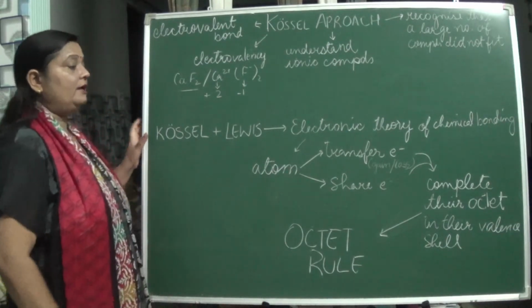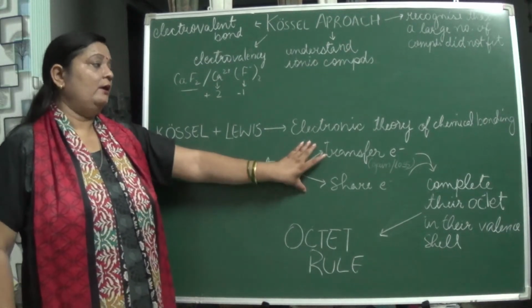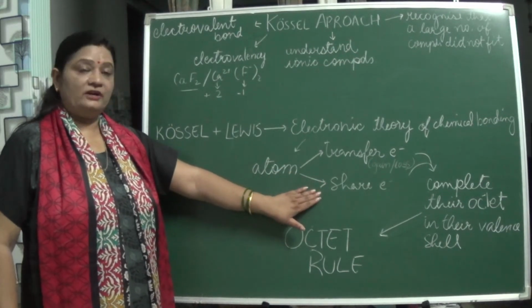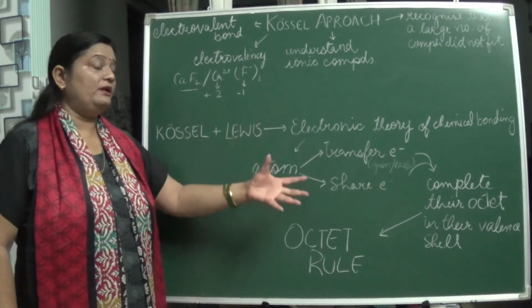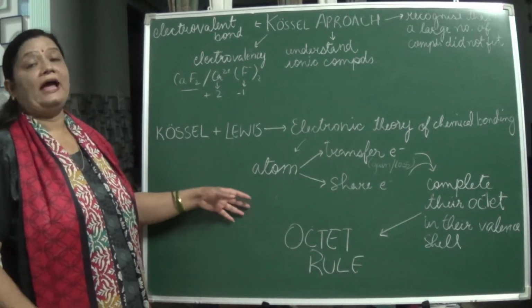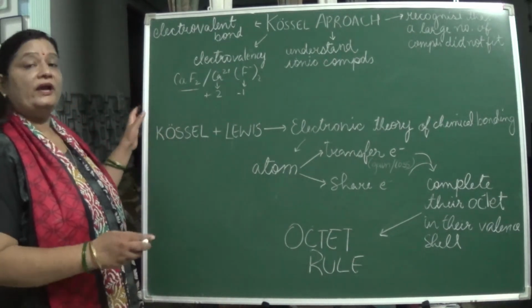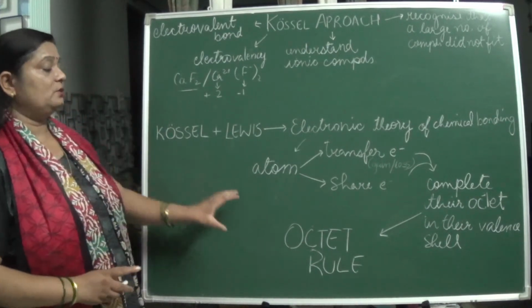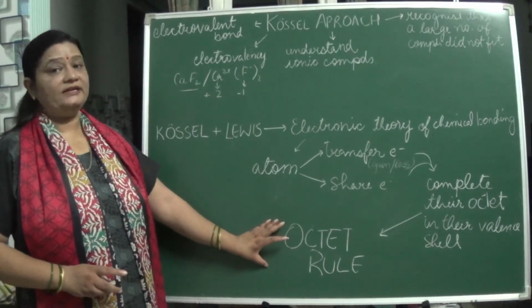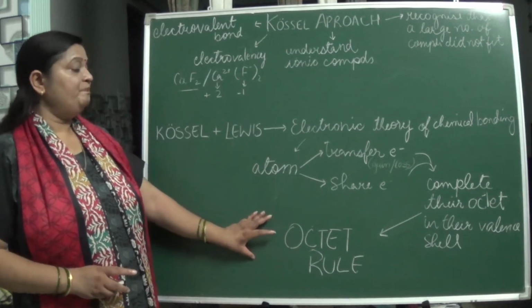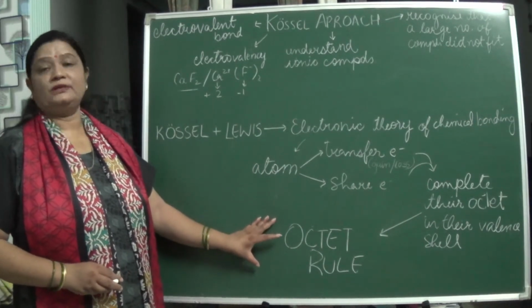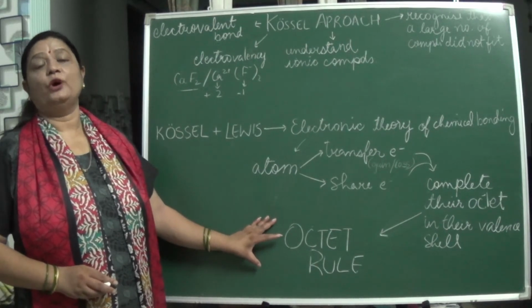With these two, transfer and sharing of electrons, they can complete their octet in the outermost shell, or the valence shell, and this is known as the octet rule.